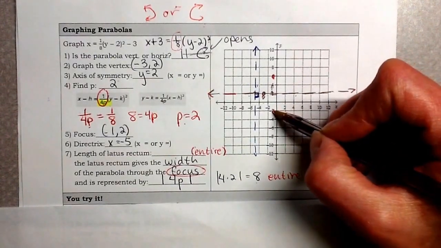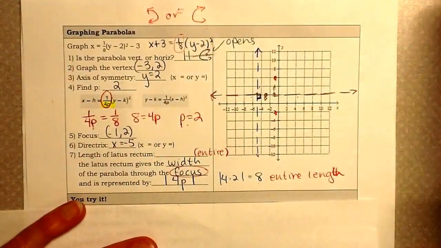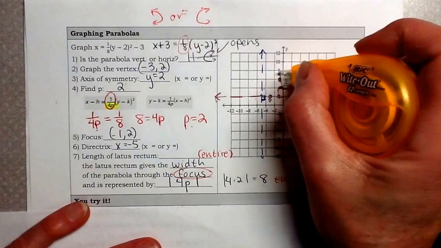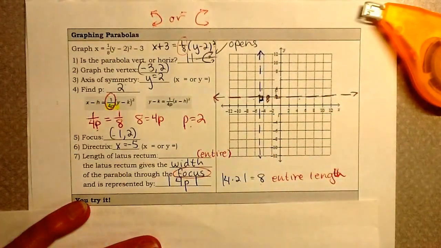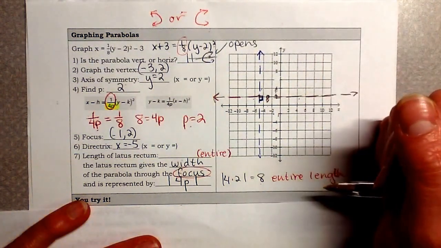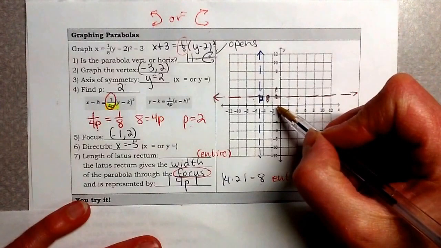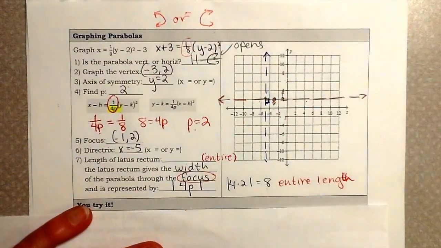And I just realized that this scale is 2, not 4. So we're going to take this point off and this point off, and we need to go 2, 4.